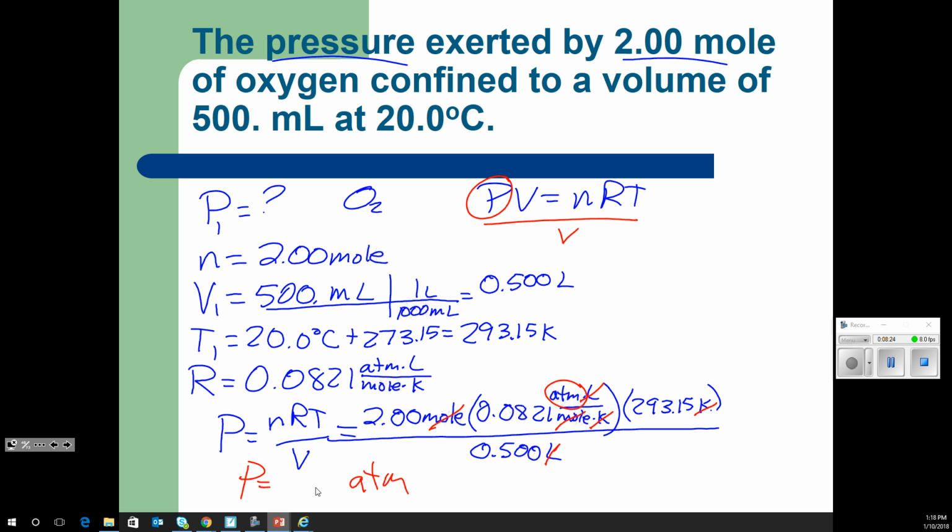If you haven't got a calculator, you need one. They're just inside the lab here. You can go grab one. As soon as somebody's got an answer, let's put it up.